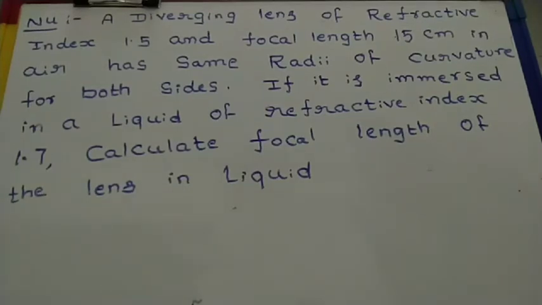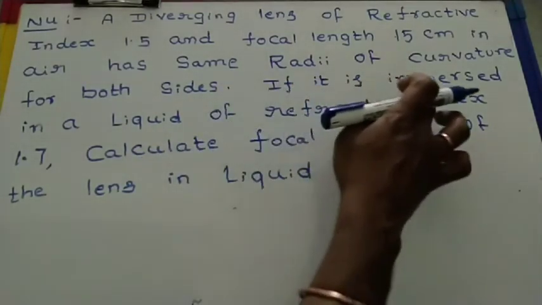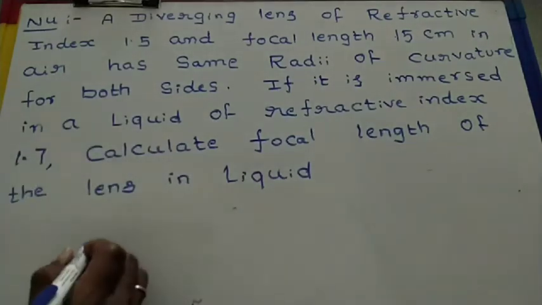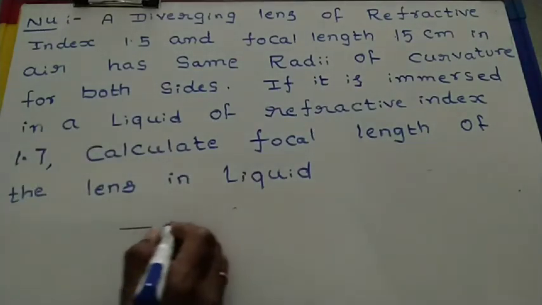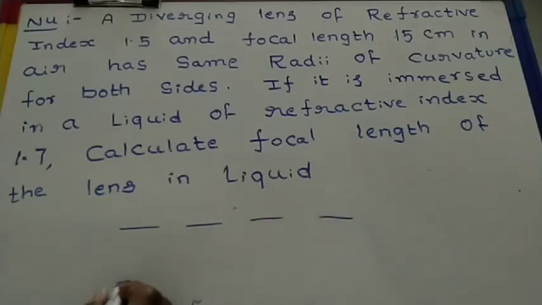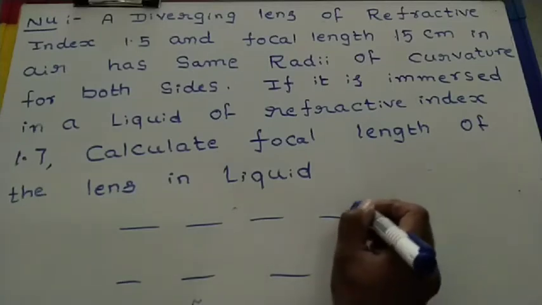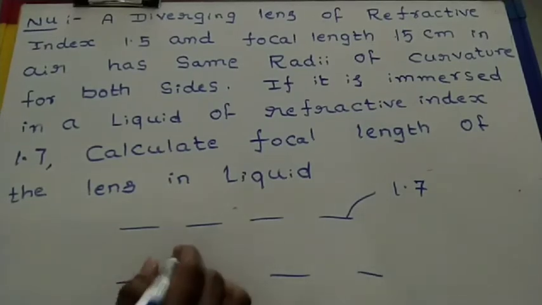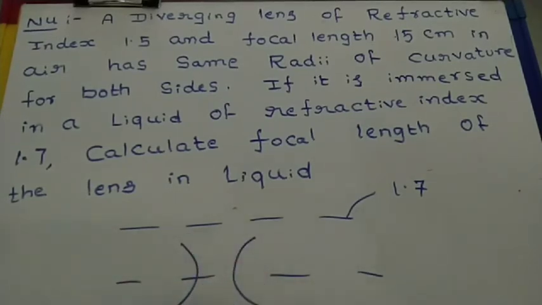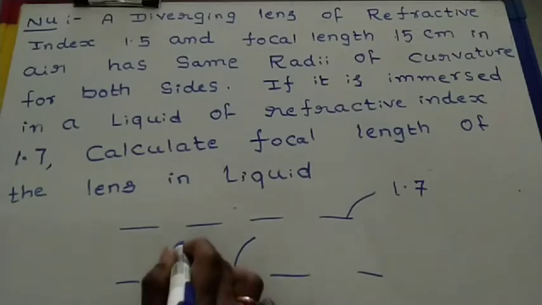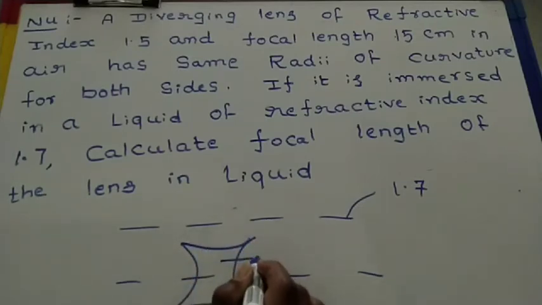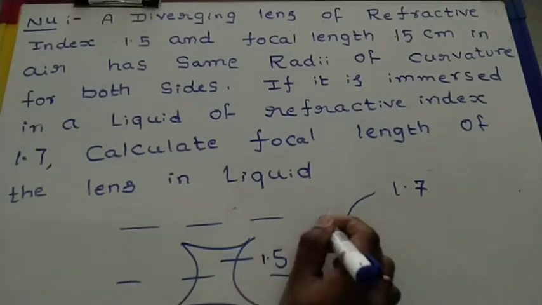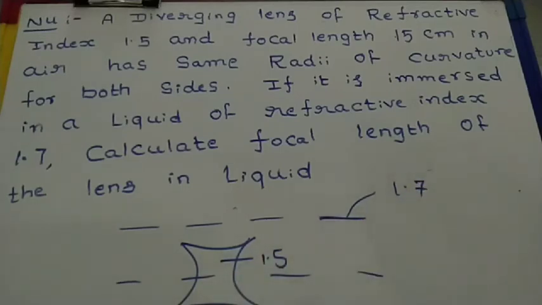Now the same lens is immersed in a liquid. That means take a liquid here, of refractive index 1.7. Now our concave lens is here. What is its refractive index? 1.5. This liquid's refractive index is 1.7.